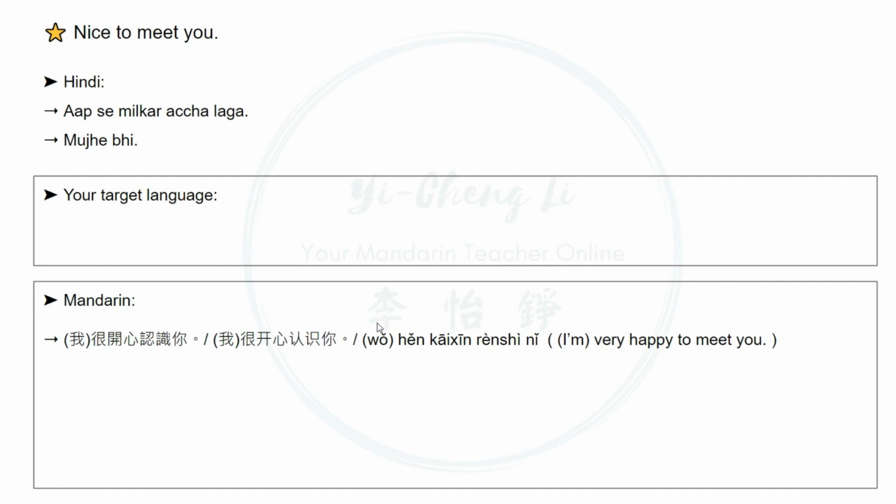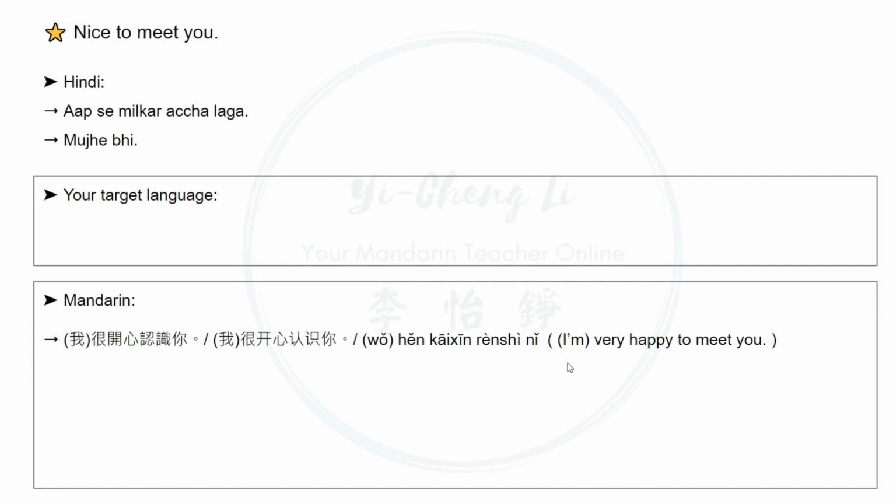The one in front of it becomes second tone. Okay, so it will become second, third. 我很 You can check out the AMQ number 1. I discussed how to do your tonal modification for third tone words. 我很开心认识你。我很开心认识你。I am glad, I'm happy to meet you.